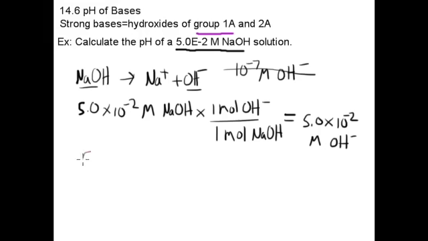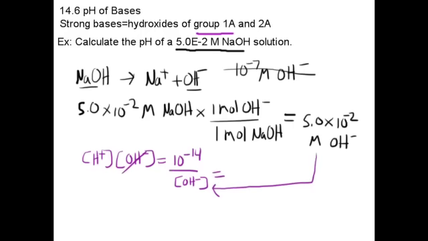So I know that I have the equation hydronium, or H+, times hydroxide is equal to 10 to the negative 14th. So I know that H+ is equal to 10 to the negative 14th divided by hydroxide. Then I find out that H+ is 2 times 10 to the negative 13th.